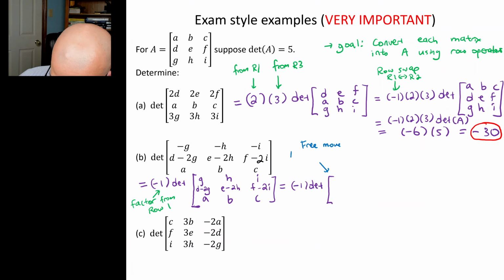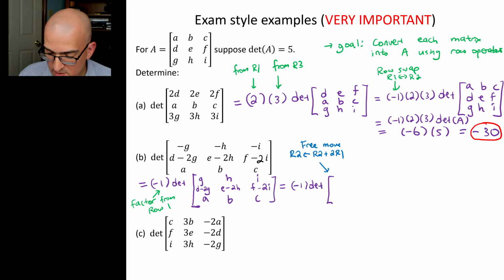We're replacing row 2 by row 2 plus 2 row 1. So doing that type of move doesn't cost us anything. So I have G, H, I, D, E, F, A, B, C.